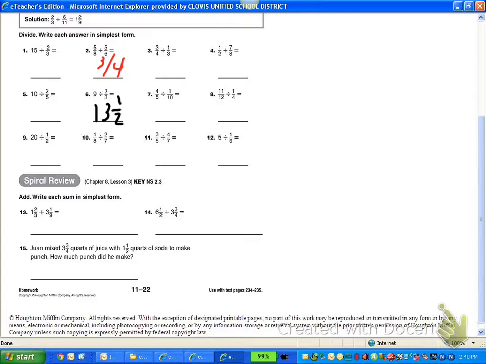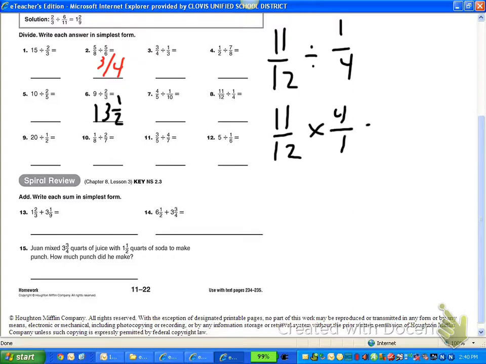Number 8. We've got 11/12 divided by 1/4. Keep, flip, change. And we've got 44 over 12. So again, you can either reduce it first or change it to a mixed number. I'm going to go ahead and reduce this. 44 divided by 4 is 11. 12 divided by 4 is 3.